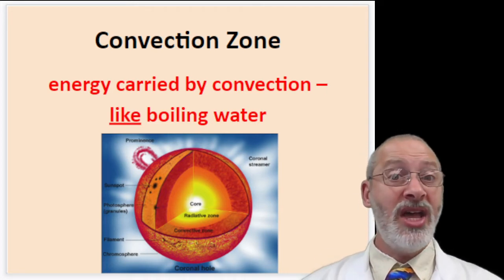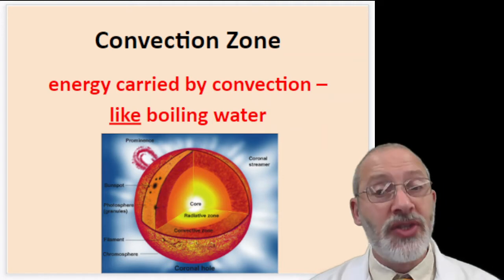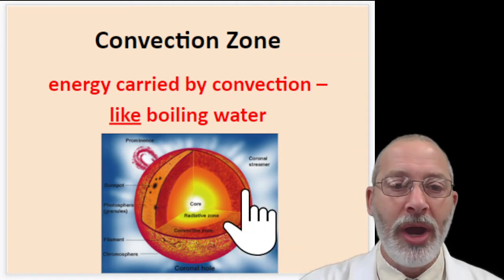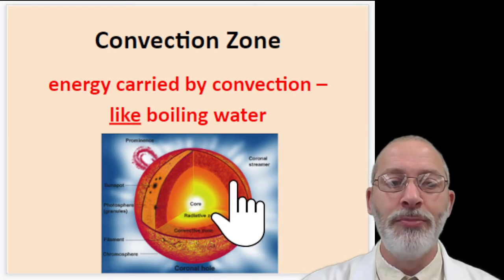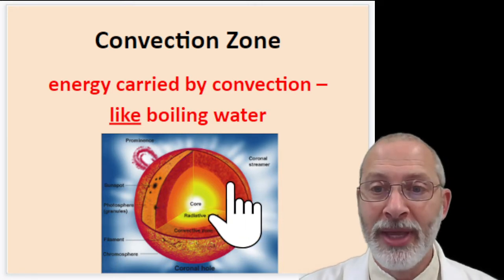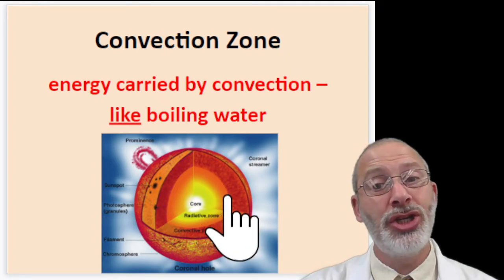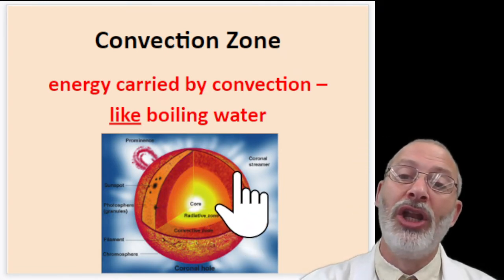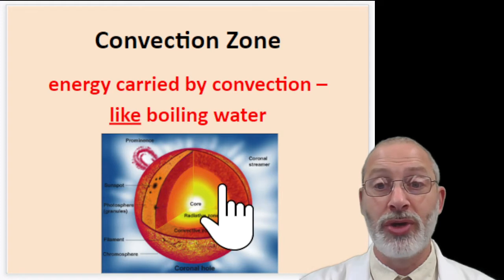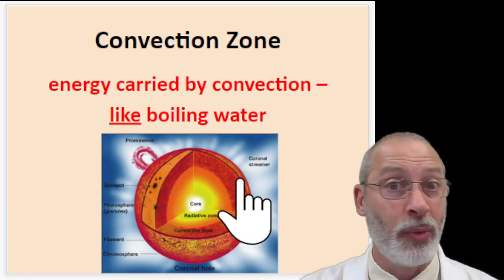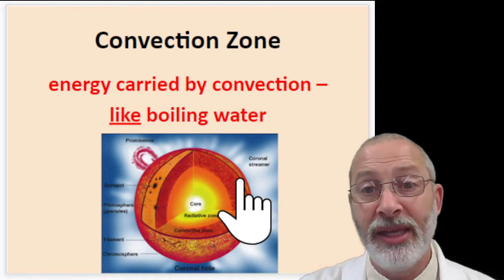But on the sun, the convection zone is an area of the sun where heat energy is moving through plasma, and it goes from an area of higher concentration to an area of lower concentration. So it goes from the inside toward the outside where the surface of the sun is.